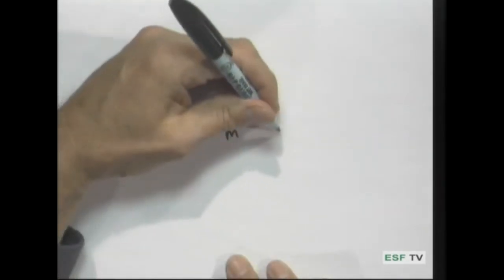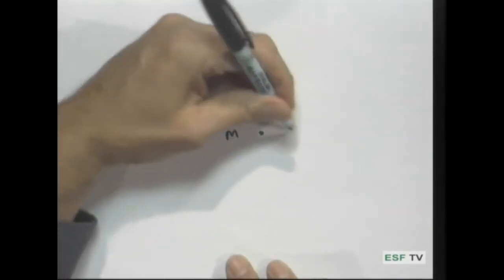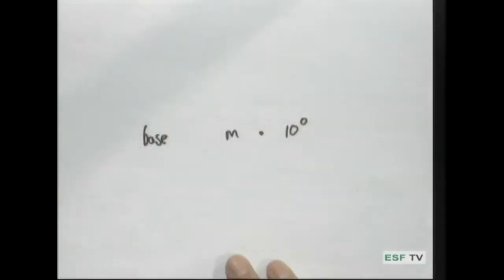The meter can be written as a number times 10 to the 0 power, and of course 10 to the 0 power is 1. And so if you have 1 meter, that's the same as 1 times 10 to the 0 meter, and what you end up with, again, of course, is just 1 meter.